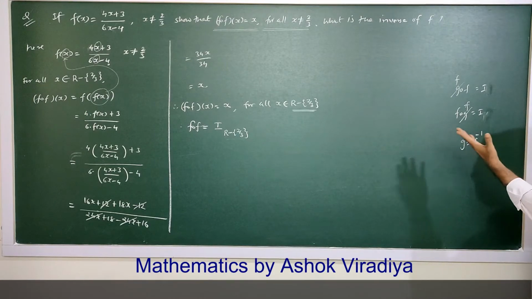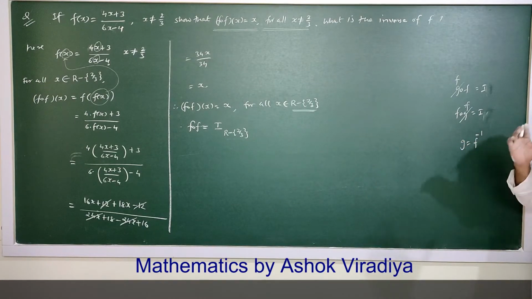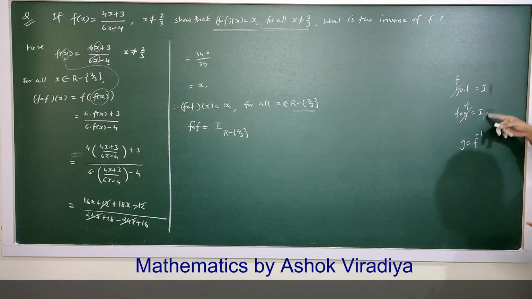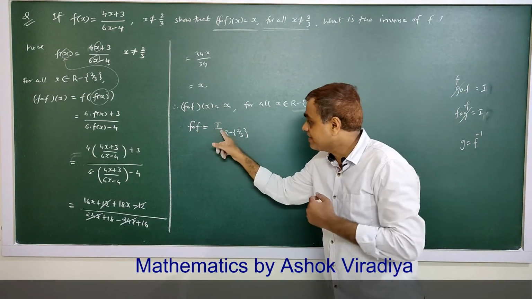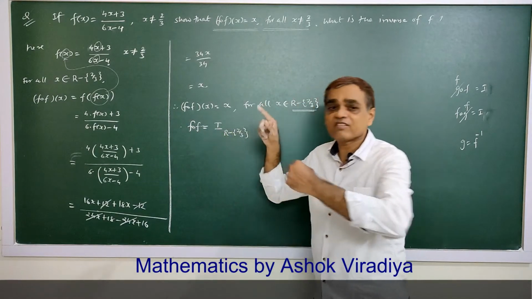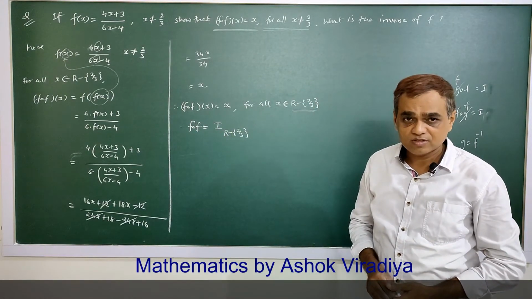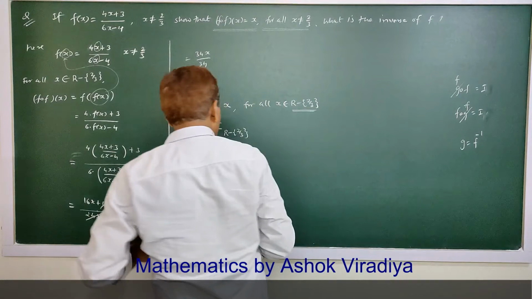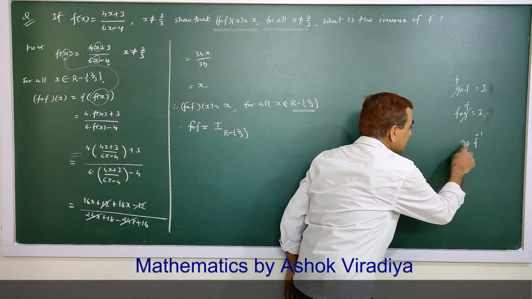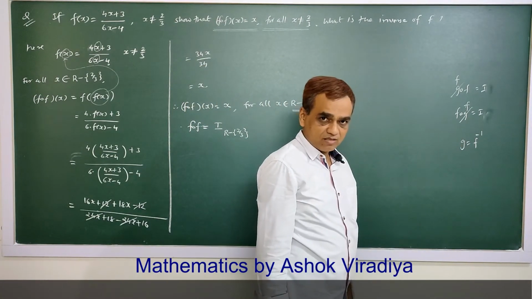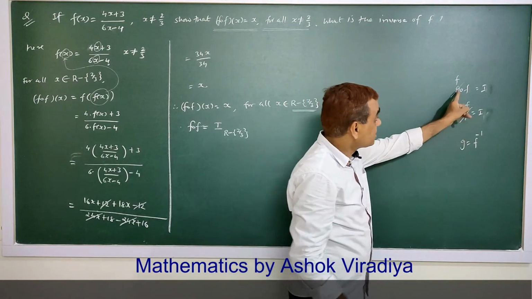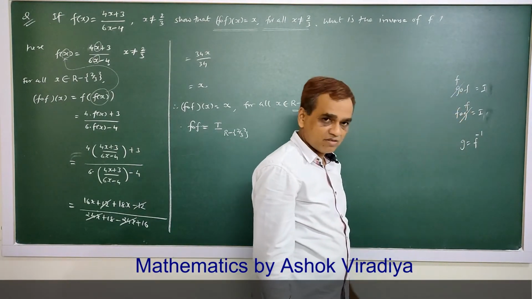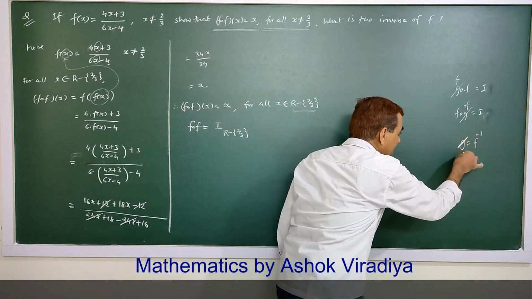So fof is the identity function, which means both conditions are satisfied, that fog is the identity function and gof is the identity function. In this case we say g is f inverse. Here replace g by f.